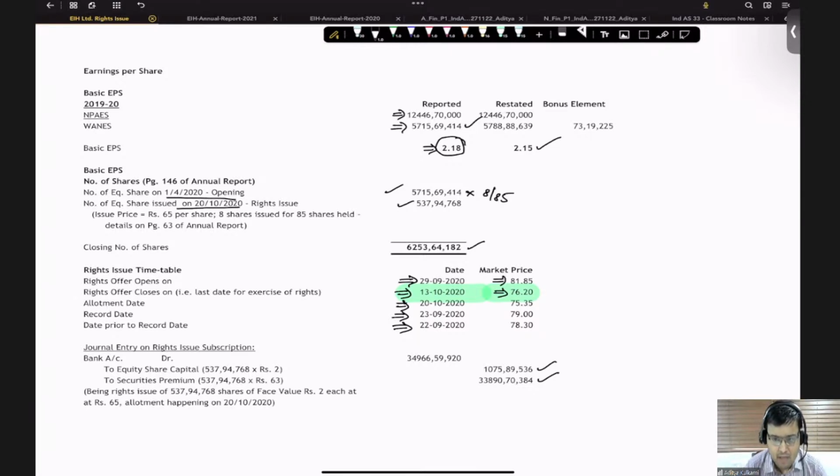Okay. Now, if you look at the rights issue timetable, the rights offer opened on 29th September 2020 when the market price was 81.85. The rights offer closed on 13th October when the price was 76.2.